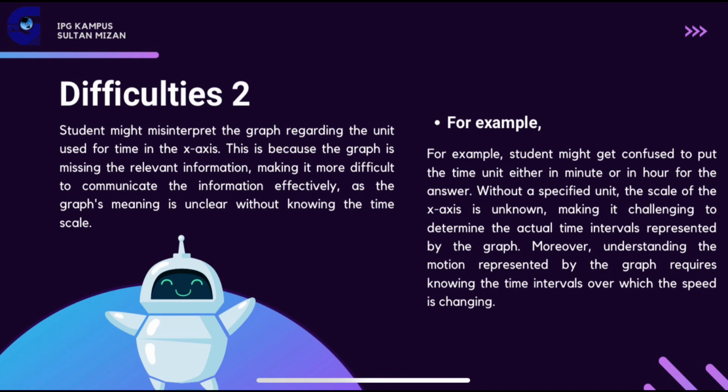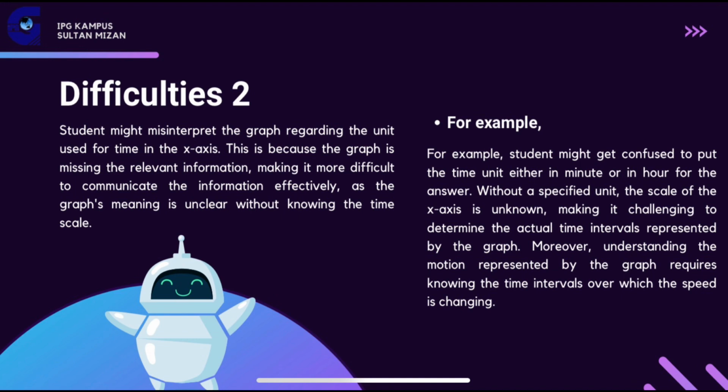For example, students might get confused about whether to put the time unit in minutes or in hours for the answer. Without a specified unit, the scale of the x-axis is unknown, making it challenging to determine the actual time intervals represented by the graph.